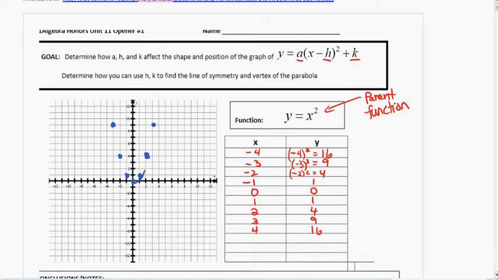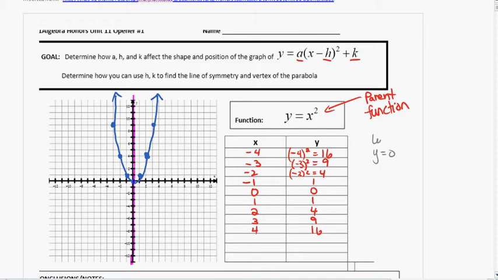So you'll notice that this is symmetric about the y-axis, meaning that it's the same on both sides of the y-axis. It's mirrored. And so I know my line of symmetry is at the y-axis, which we'll know as y equals 0.